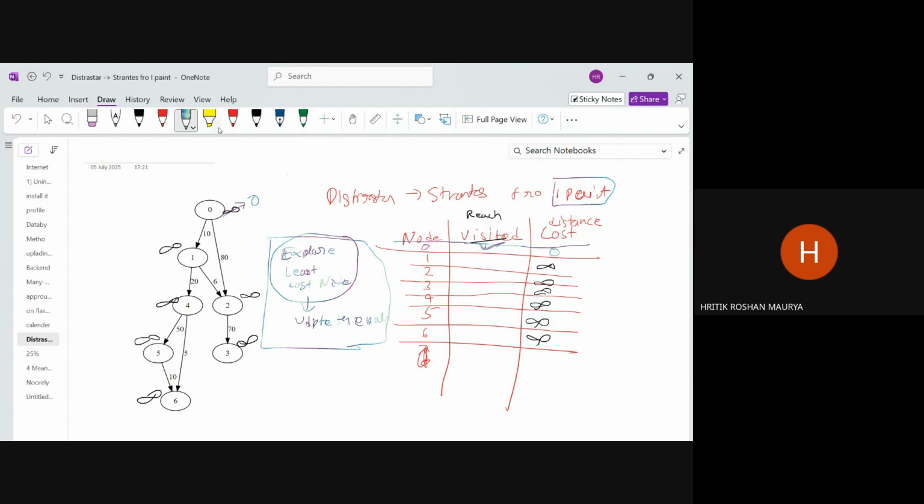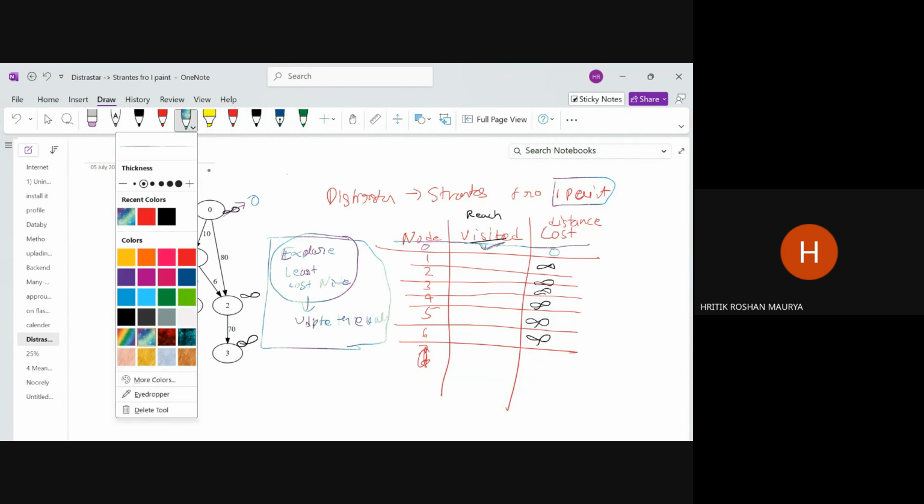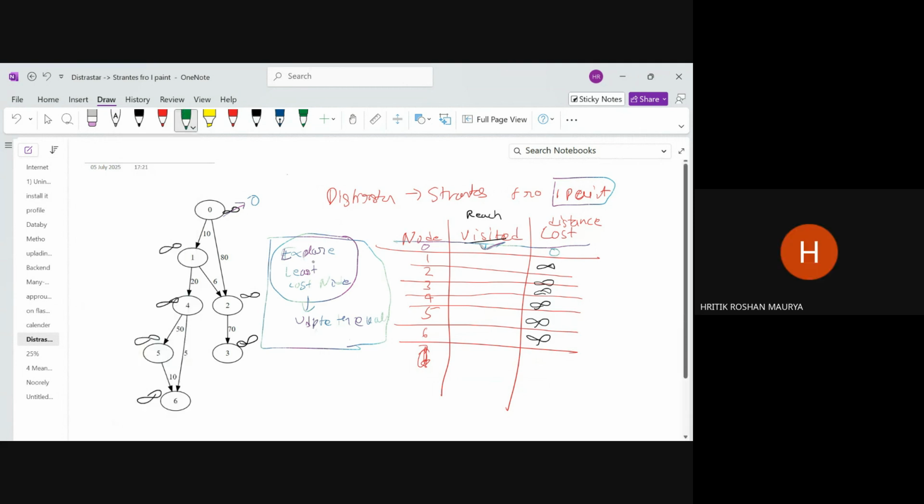We have to explore the least cost node and update the cost. This part has to be repeated, and all of this has to be done among the non-visited nodes. So node 0 has been visited, so I am not going to use that.